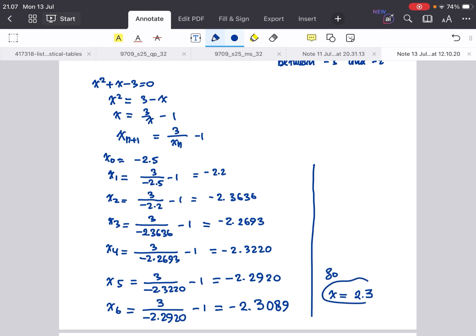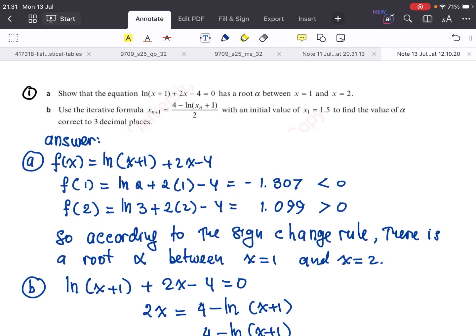For example, if you want to find the solution correct to 2 decimal places, these two are not the same yet, because this one, if we round it off to 2 decimal places, will be negative 2.29, while this one is negative 2.31. So if you need a more accurate solution, you do more iterations.